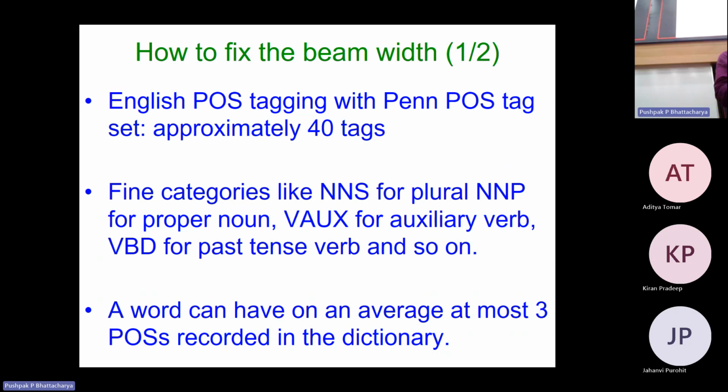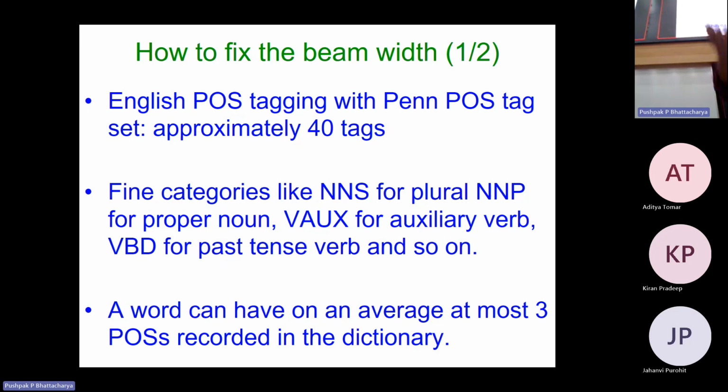A word can have, on an average, at most 3 parts of speech recorded in the dictionary. This is also an observation from the dictionary. If you look at a good dictionary like the Oxford Dictionary or Longman Dictionary, you'll see that there are at most 3 tags for English words on an average.